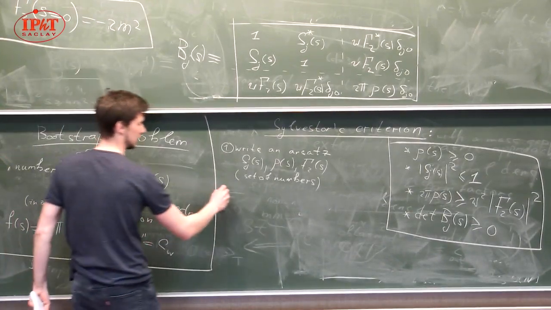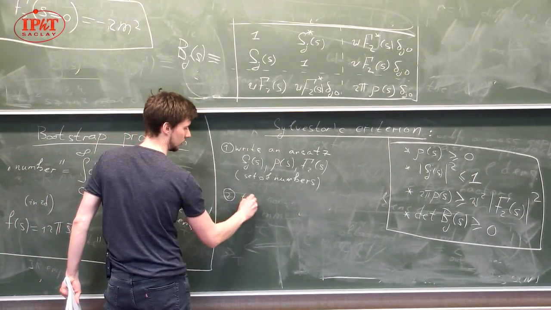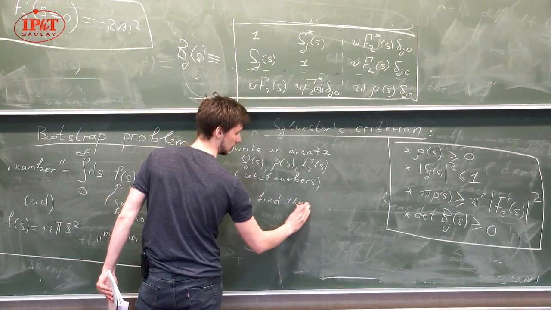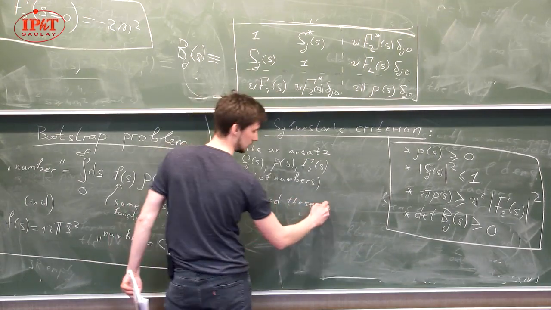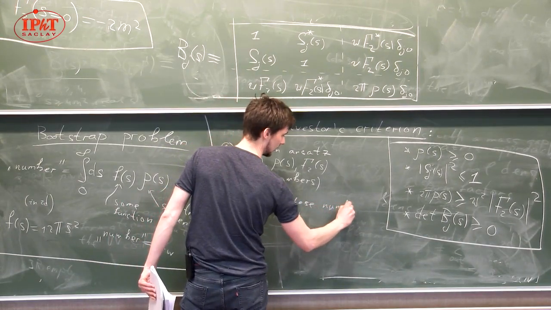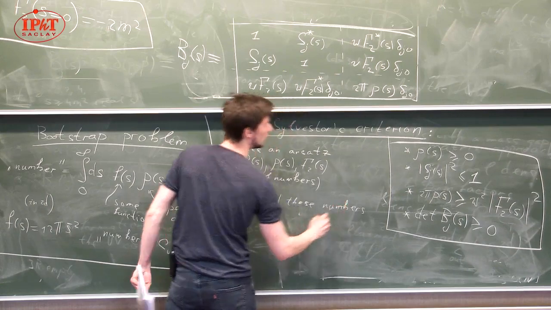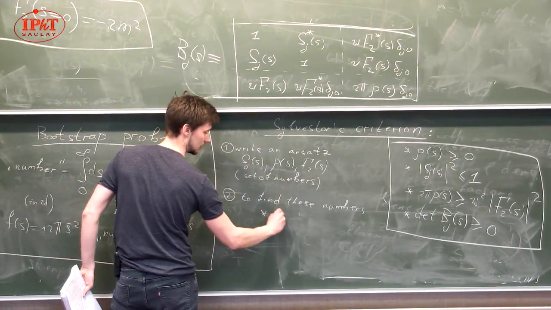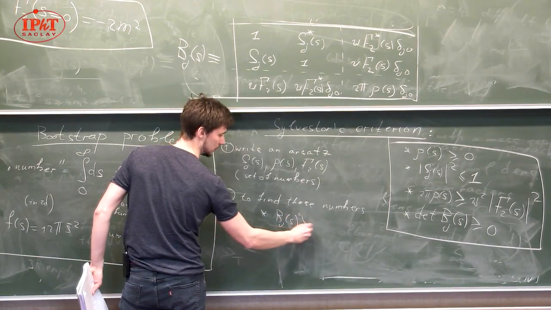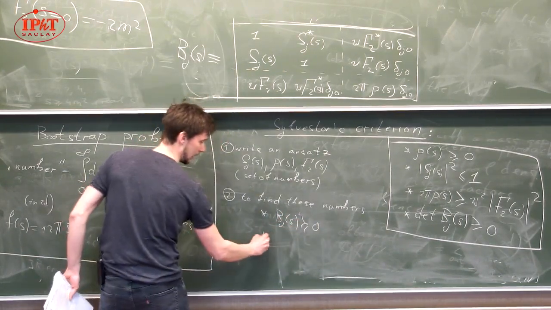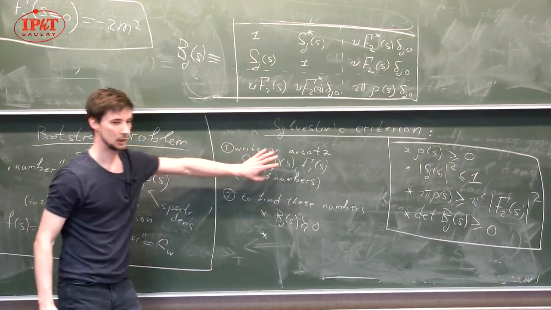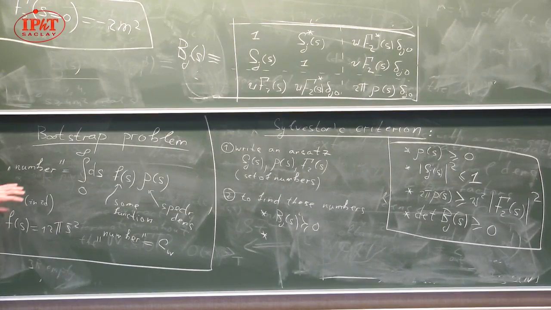So the second step is to find these numbers in the ansatz by requiring certain conditions, and they are unitarity of the S matrix, so this should be semi-positive definite, and we would like to look at such ingredients which give me the minimal value of this number.